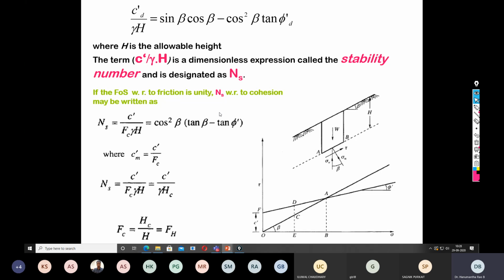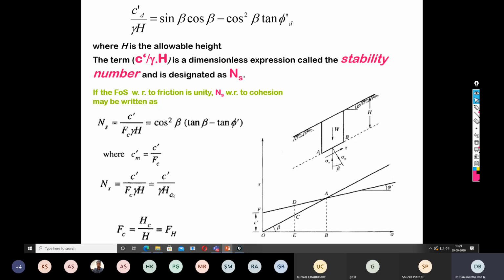So c dash D is equal to c dash by factor of safety, into gamma H into cos square beta. Similarly, c dash M is equal to c dash by the factor of safety. Similarly, NS is equal to c dash by FC into gamma H, or c dash by gamma HC, where C indicates the critical height at which the FC is unity.